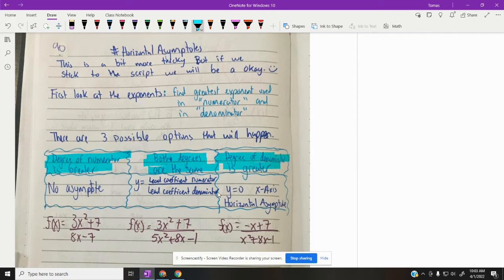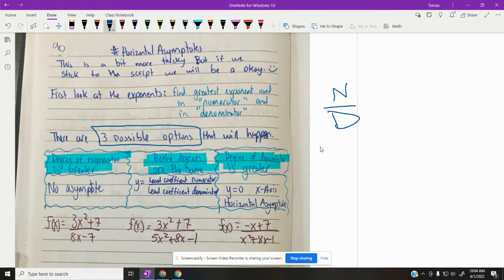All right. Now, to get our horizontal asymptote, you're going to have three possible options. It's not like the vertical asymptote where you're actually going to do a lot of algebra. This is more about remembering the three options. So there's three categories that we could possibly have. In any fraction, we have a numerator on top and a denominator on bottom.